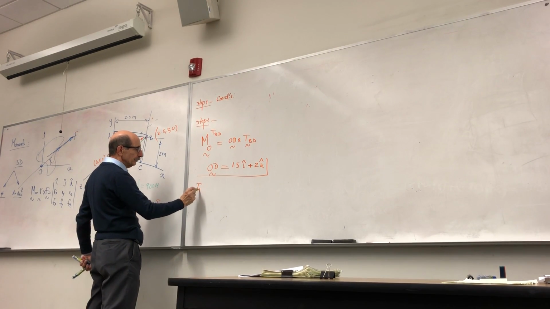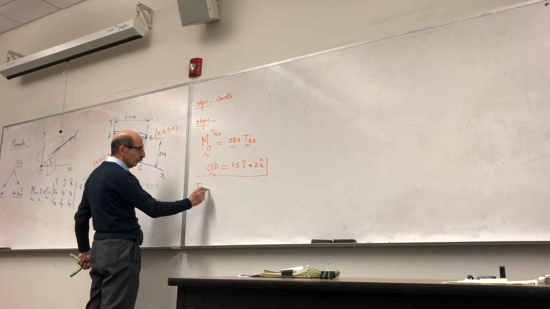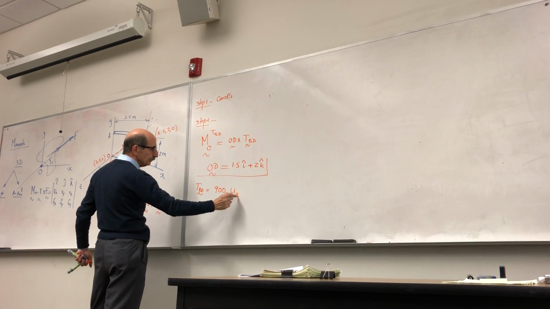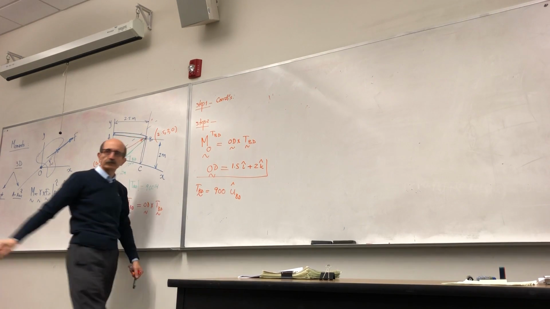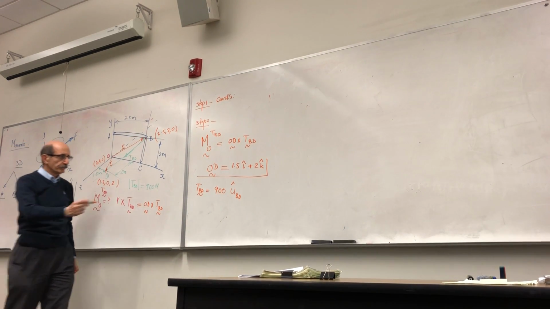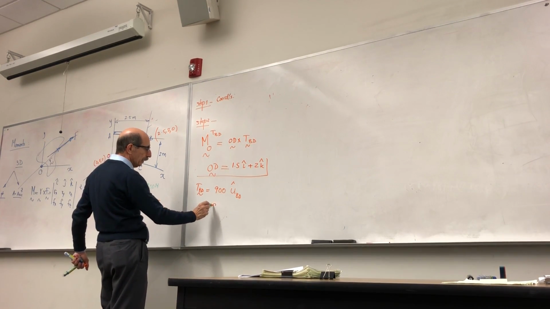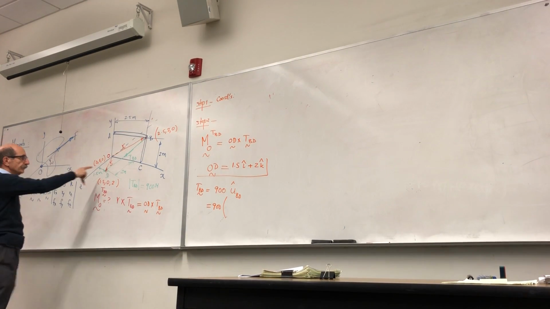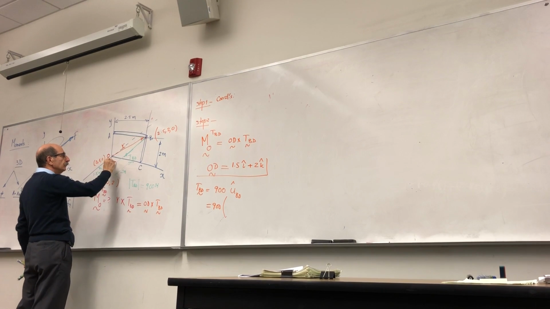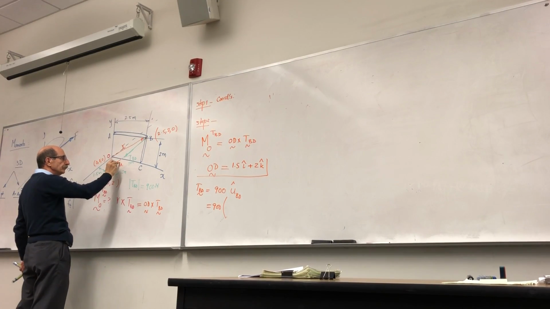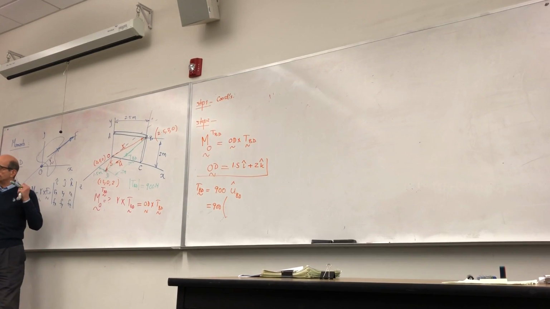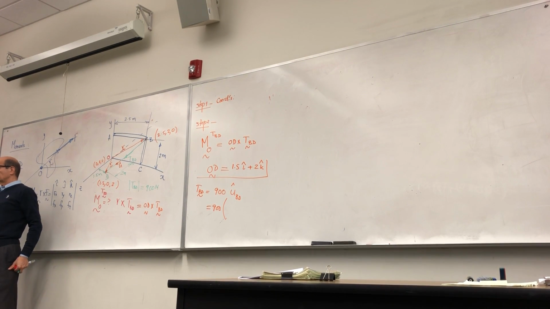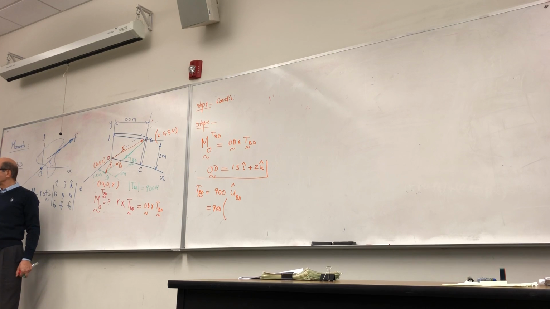What is the vector equation for the force? It would be the magnitude of the force times the unit vector along the direction of the force. So it would be 900 times the unit vector. Tip minus tail. Always consider the unit vector along the same direction as you have chosen the direction of the force.